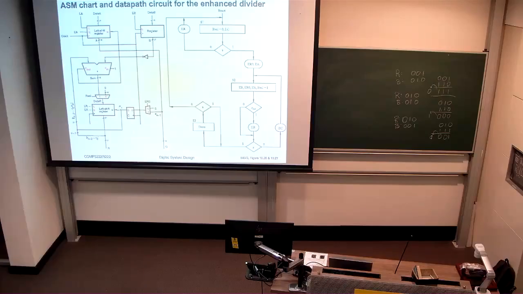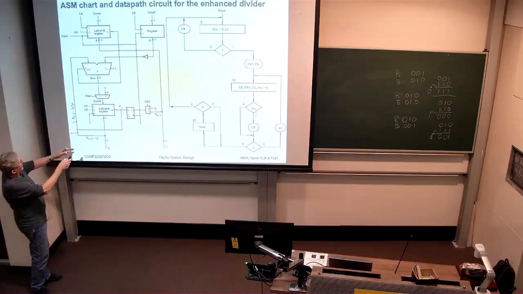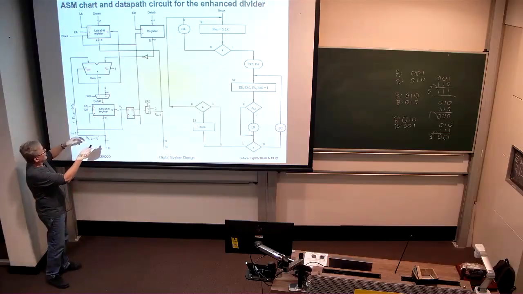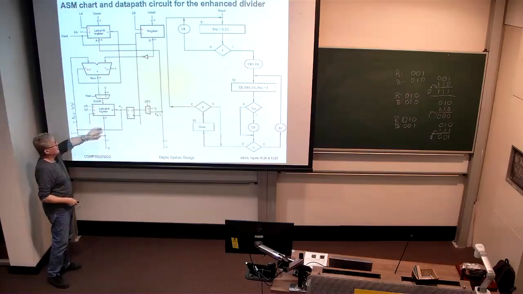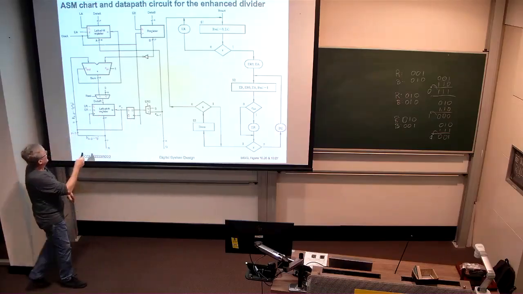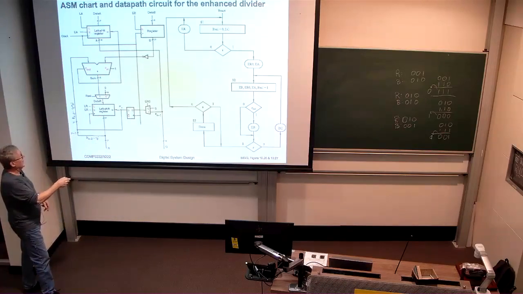So, better just have a look at what the enhanced hardware and ASM look like. The top bit's the same. This is our A and B registers. We have our subtractor here that subtracts B from the R register contents and updates the R register. Here's our additional flip-flop, and it's being loaded by the A bit that's coming in here.